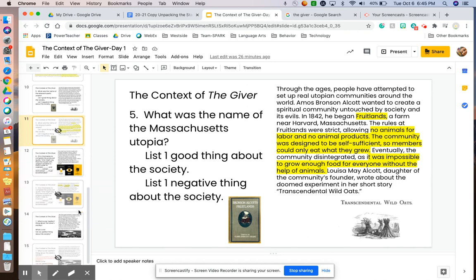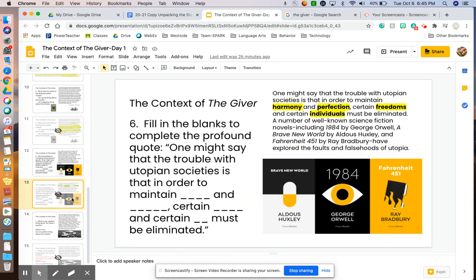Now, moving on. So this is turning now kind of towards the dark side of utopian societies. In order for them to maintain harmony and perfection, certain freedoms and certain individuals must be eliminated.